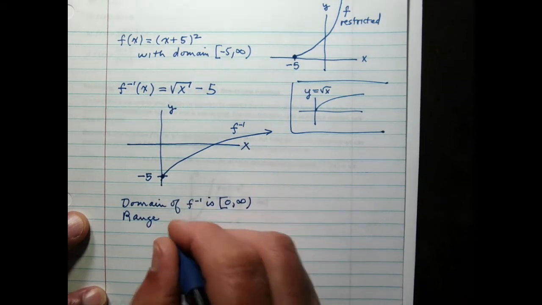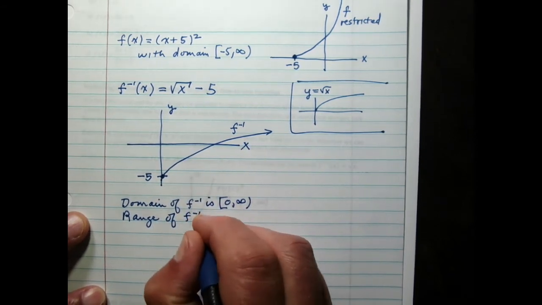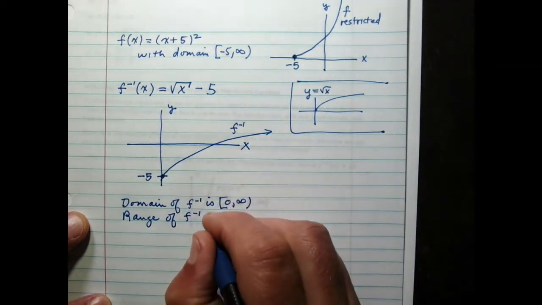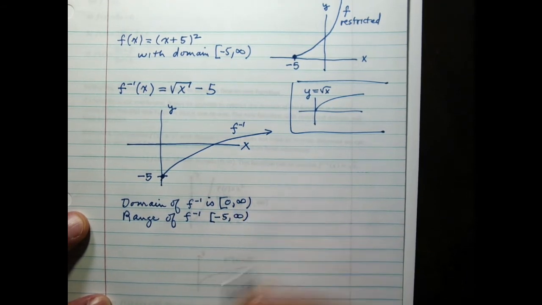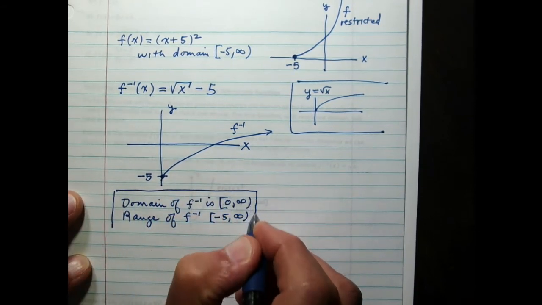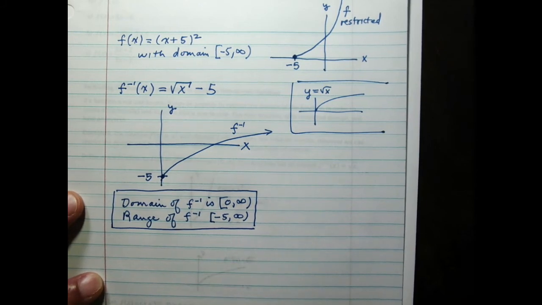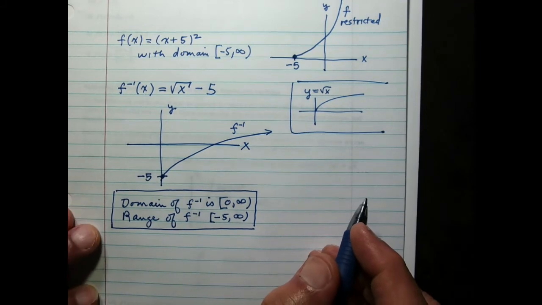But I wanted the graph because it's easier to see the range. The range of f inverse, now that's the interval of y values used, starts at -5 and extends to infinity. So there's the domain and range of f inverse. I wanted the graph because I think they ask us for the domain and range of the inverse function.